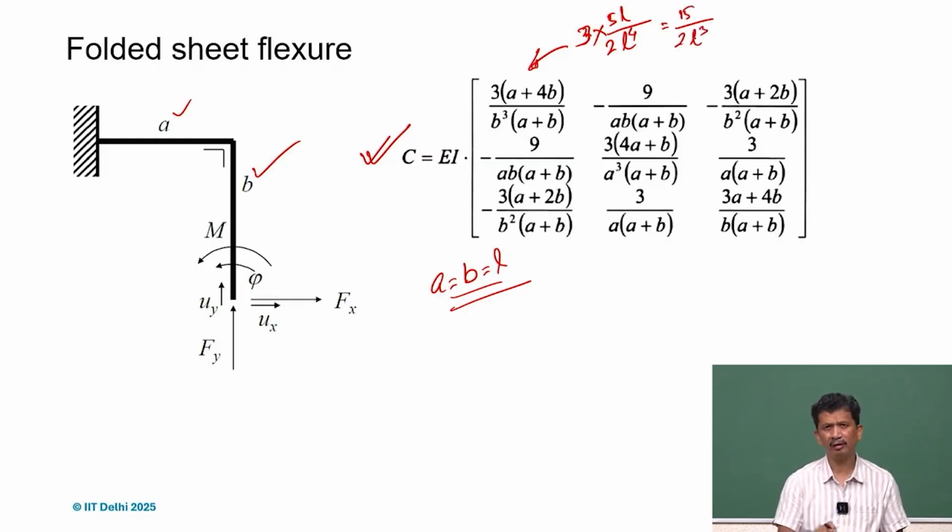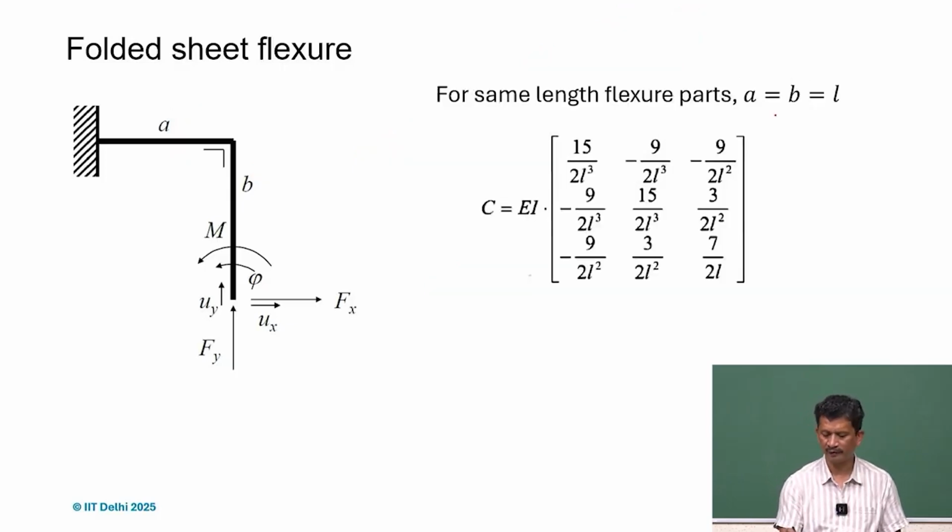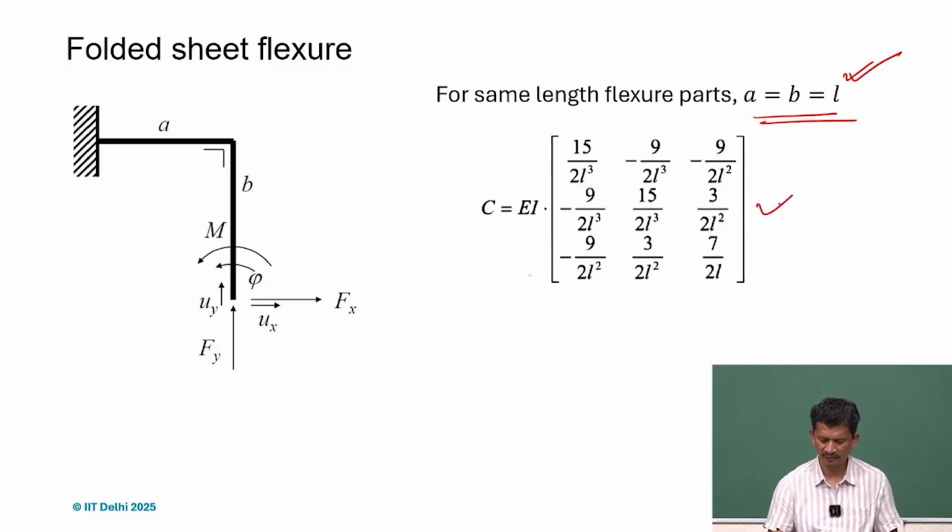Similarly we can work with the other elements, and what we find is that if A is equal to B, and generally we can say simply L, the same length, then this will be the stiffness matrix.